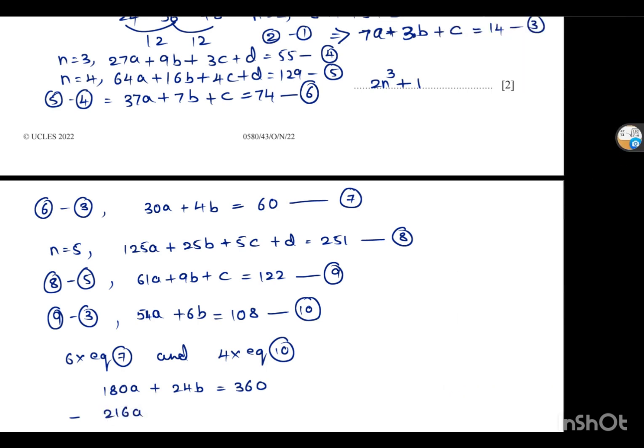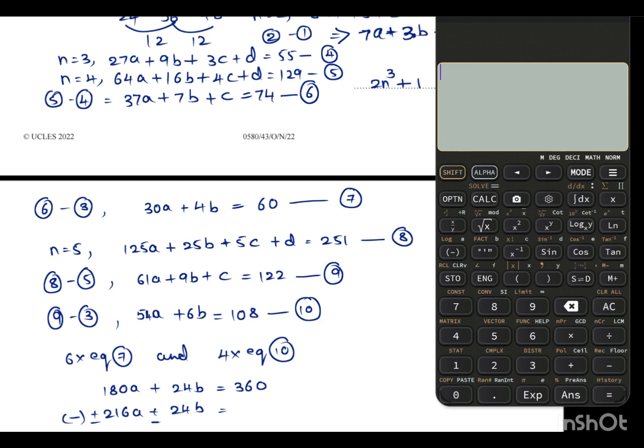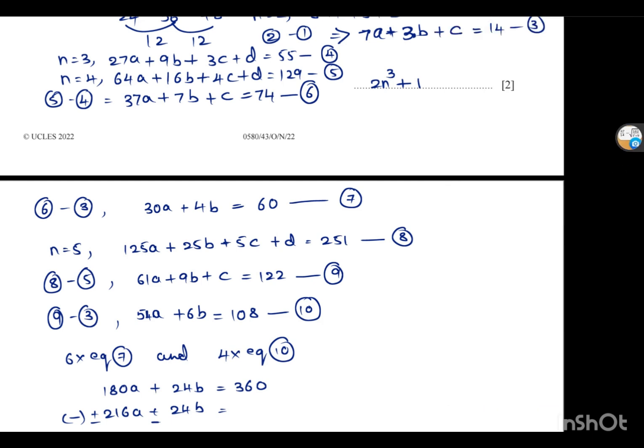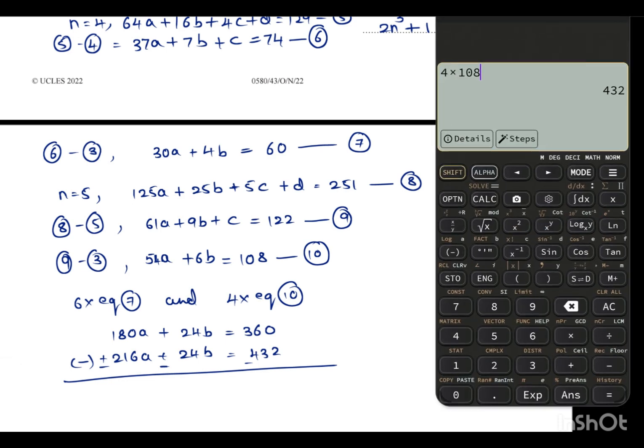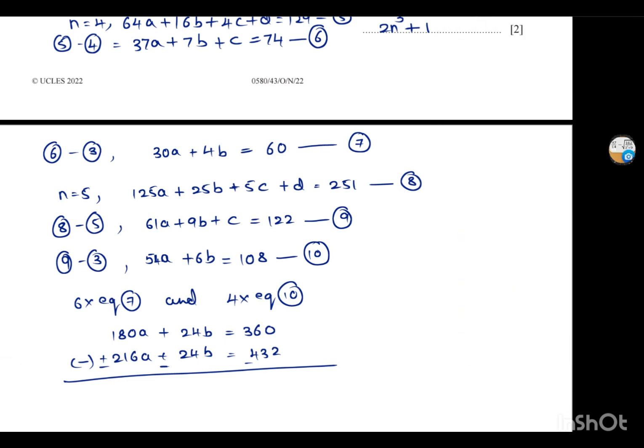216a plus 4 into 6 is again 24b. This plus becomes minus, as we are subtracting. Then 4 into 108 is equal to 432. 216 minus 180 is 36a, negative 36a.